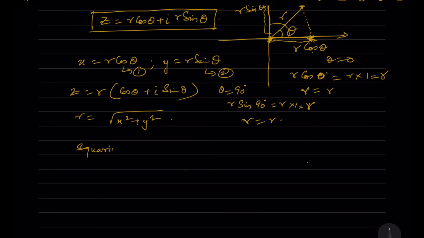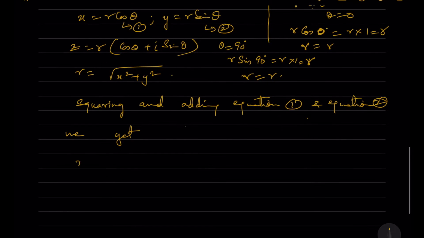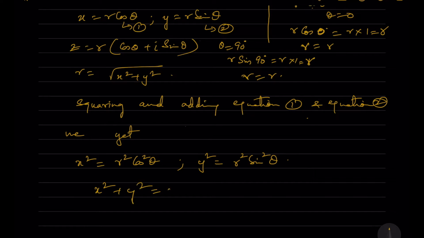squaring and adding equation 1 and equation 2, we get x square is equal to r square cos square theta, y square is equal to r square sin square theta. This implies x square plus y square is equal to r square cos square theta plus r square sin square theta.